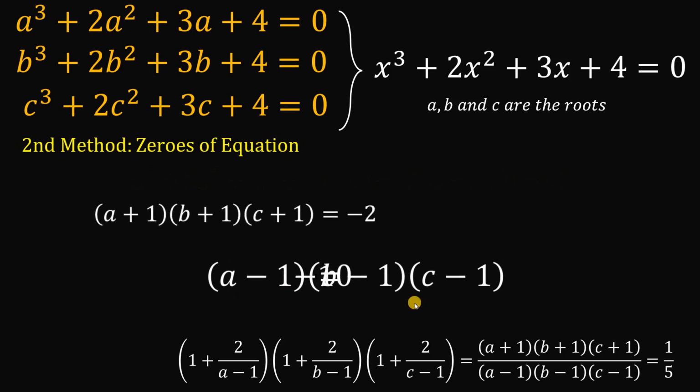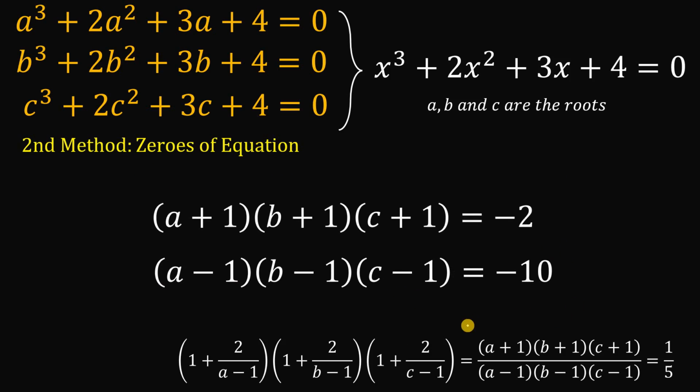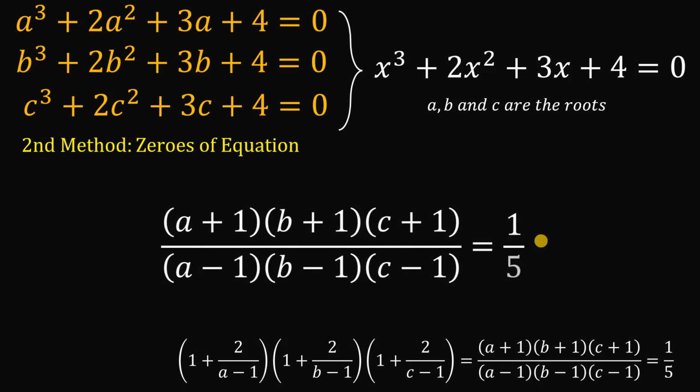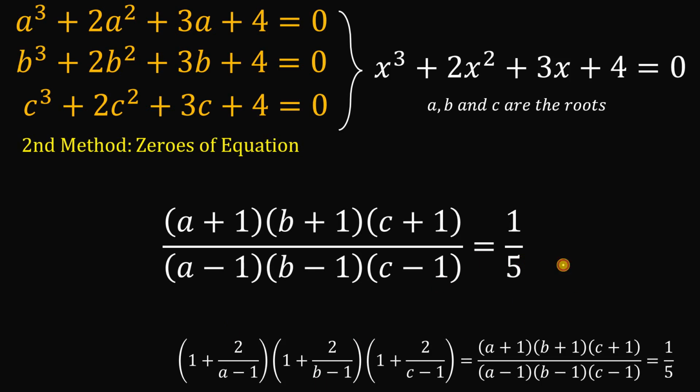Now, using those values, we can find the value of this expression. Divide these two equations, and we have negative 2 over 10, which simplifies to 1 over 5, the same value that we got a while ago.